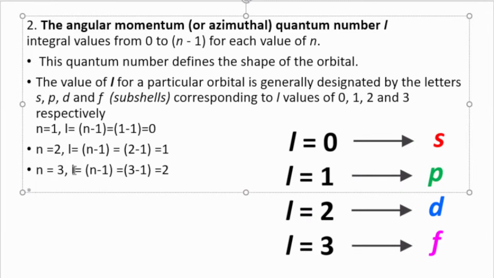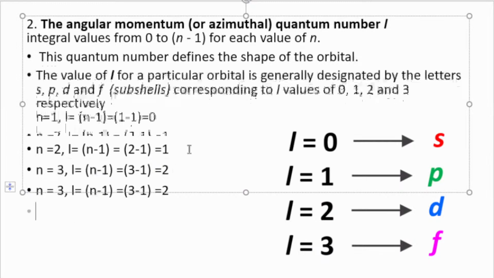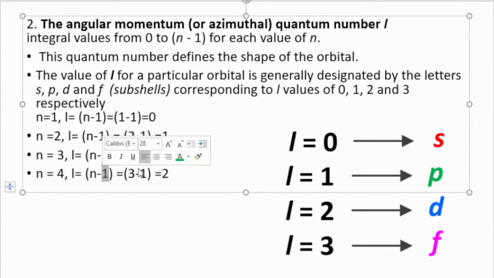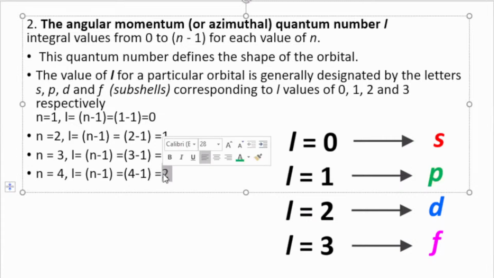Then n is 4. That means 4 minus 1. That is 3.